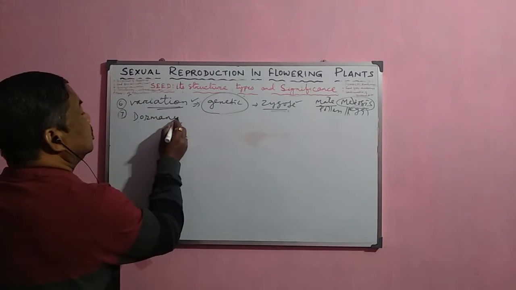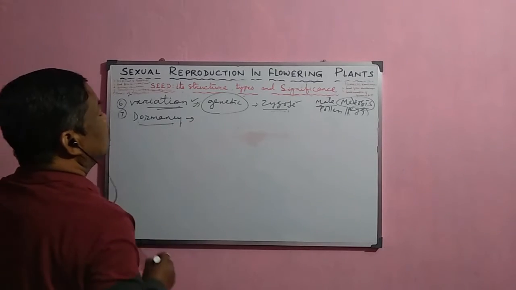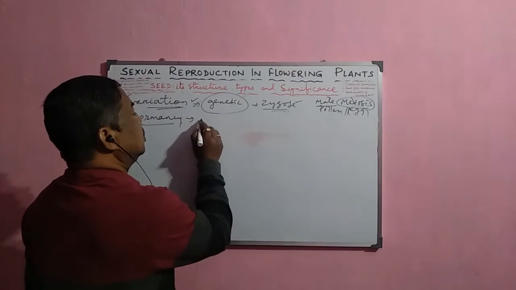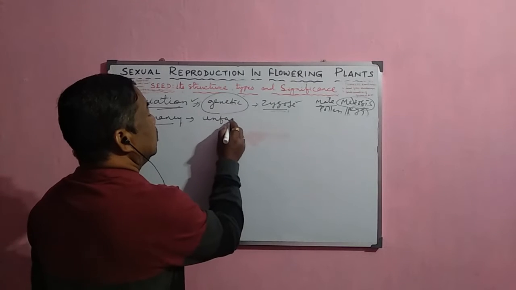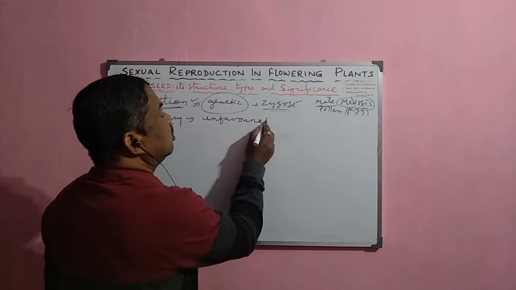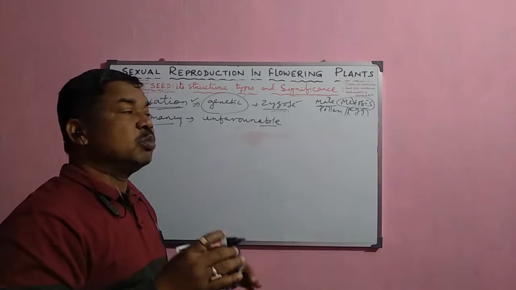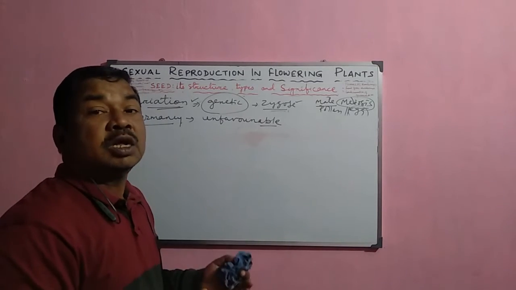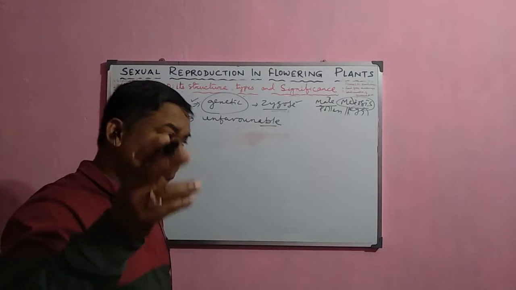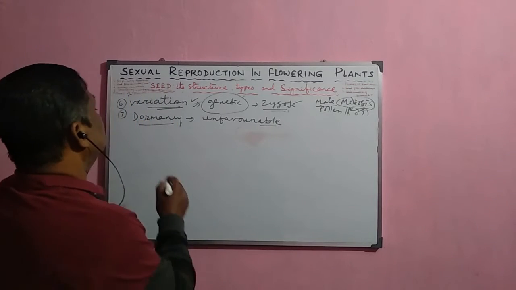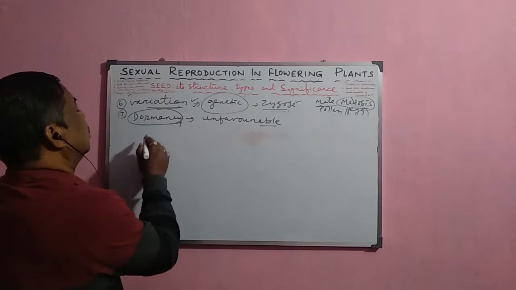During this dormancy stage, what happens? Suppose the condition is unfavorable, and if the embryo is exposed or starts germinating, then what happens? It will definitely die. So that is why seeds undergo the process of dormancy.